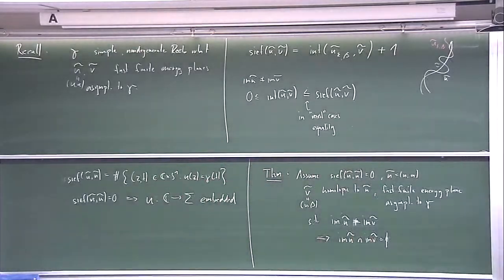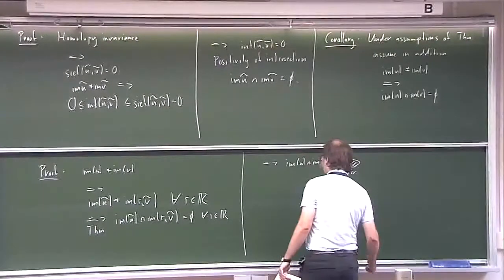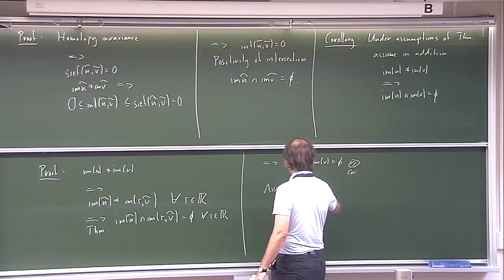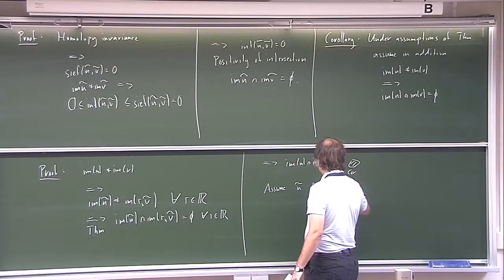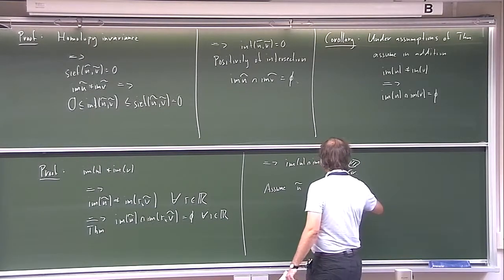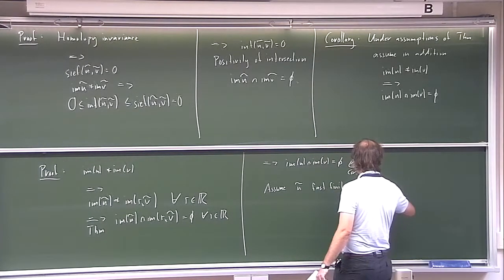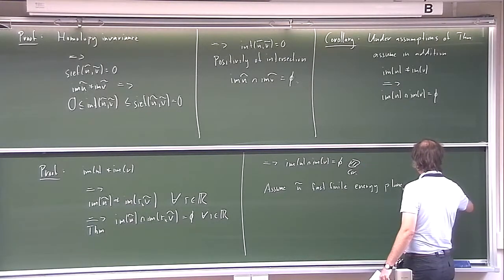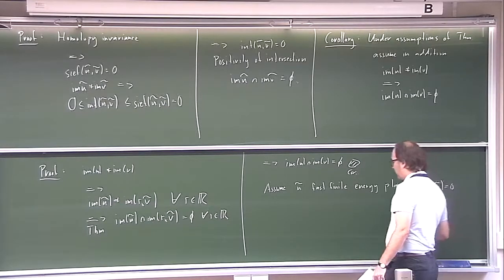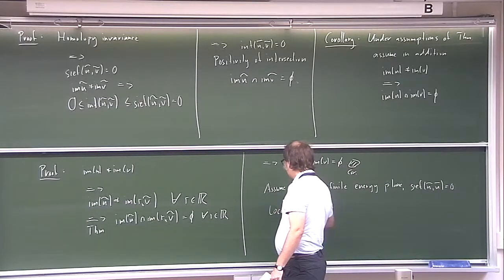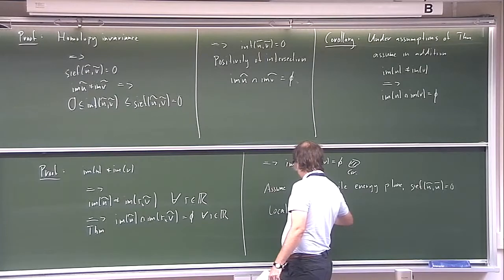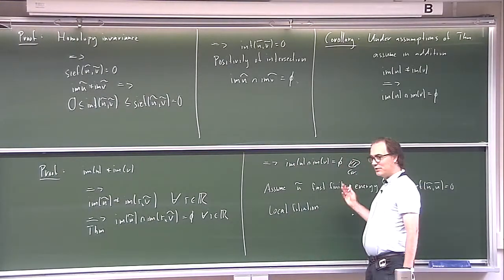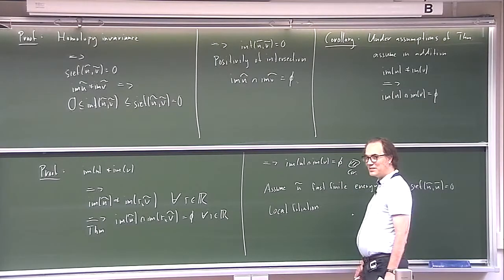So assume we have ũ, a fast finite energy plane of Siefring self-intersection number 0, then we have some local foliation. Here we always reduce the picture by one dimension.